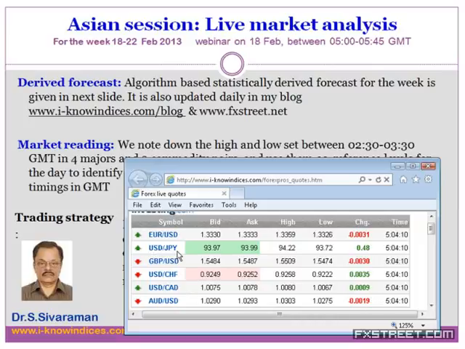And USD yen, yen is placed in the denominator position, so it is considered a denominator currency. When it shows positive net change, that means yen is weakening and USD is gaining. So USD yen is showing 49 pips positive net change.